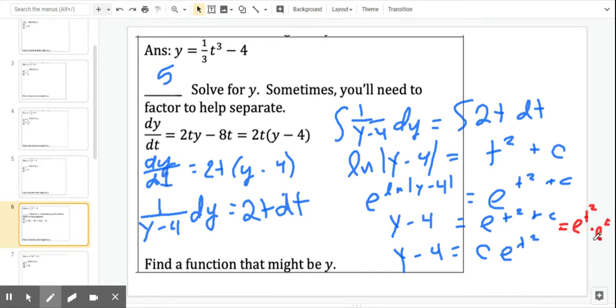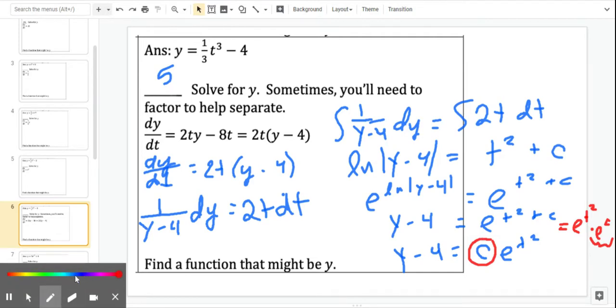So e to the t squared times e to the c. Now, since c is an arbitrary constant, e to the c itself, you can just call c. So that's where this c comes from right here, because c is just a constant, e is a constant, so e to the c is just some other constant c.